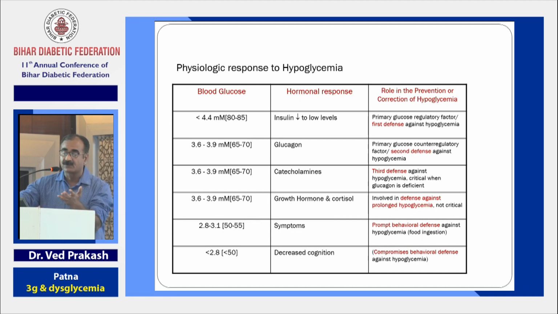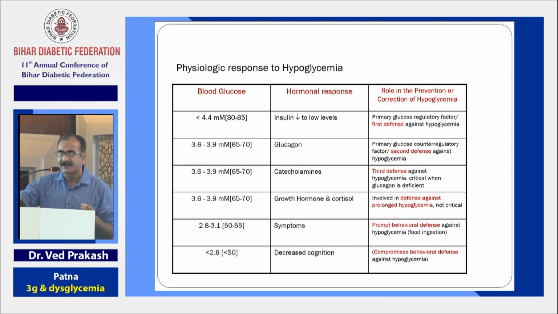Growth hormone and cortisol act by increasing gluconeogenesis and increasing insulin resistance, and we will see this further in the next few slides. Even after these defense mechanisms, if blood sugar falls to 50 to 55 milligram per deciliter, then there is the behavioral defense mechanism. What is this?